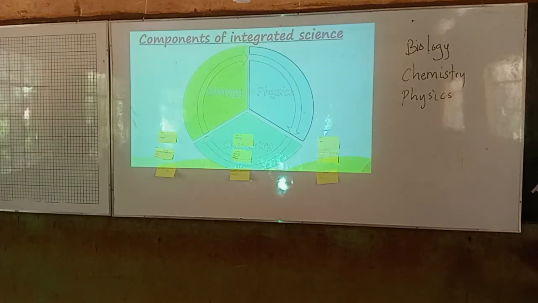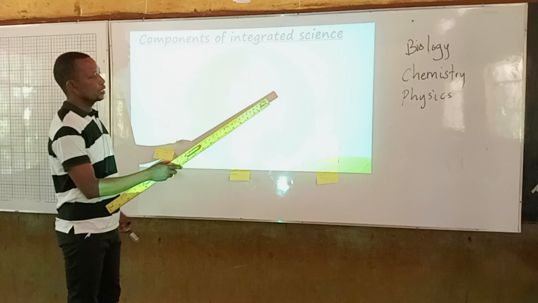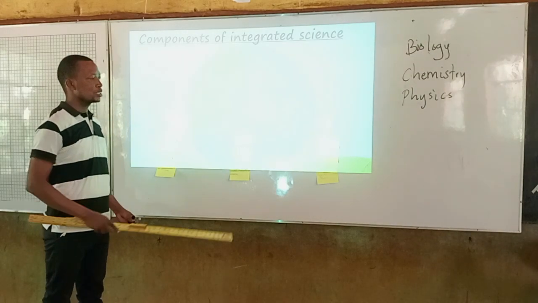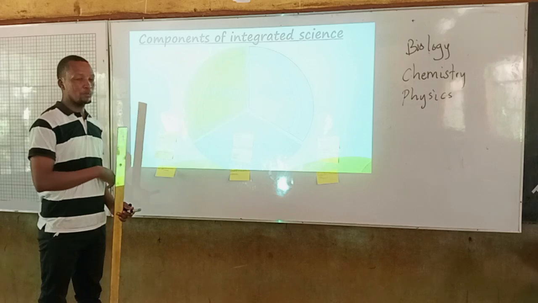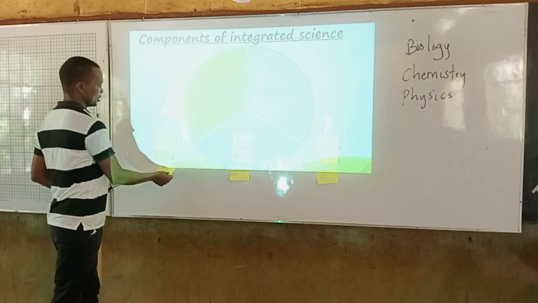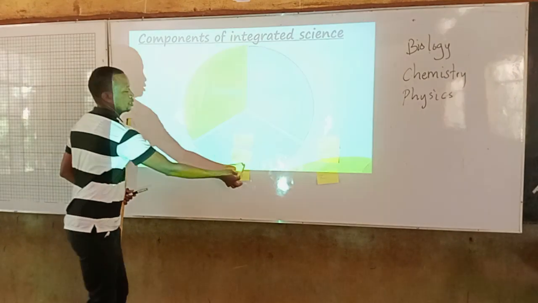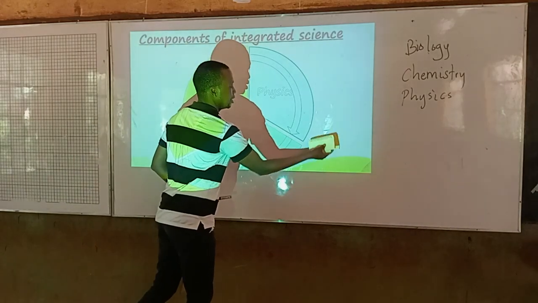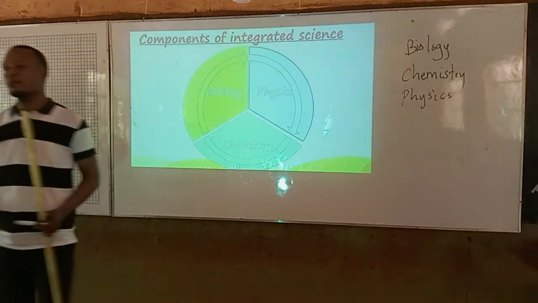Can you see it? So we have biology, physics, and chemistry. Now those make up the components of integrated science. Good. Now the owners of this sticker, you can come and stick them. You'll take them later, not now.